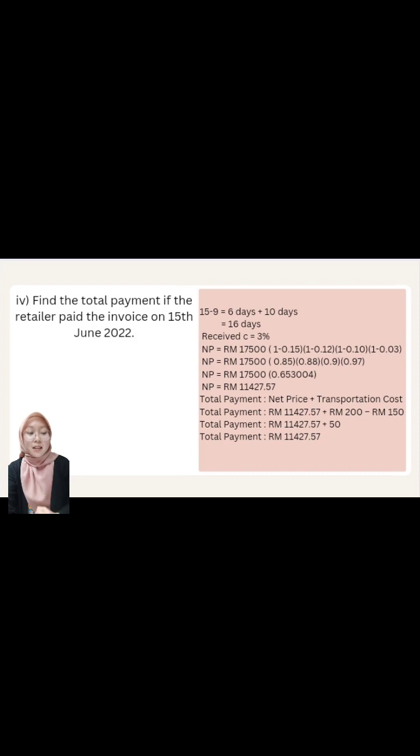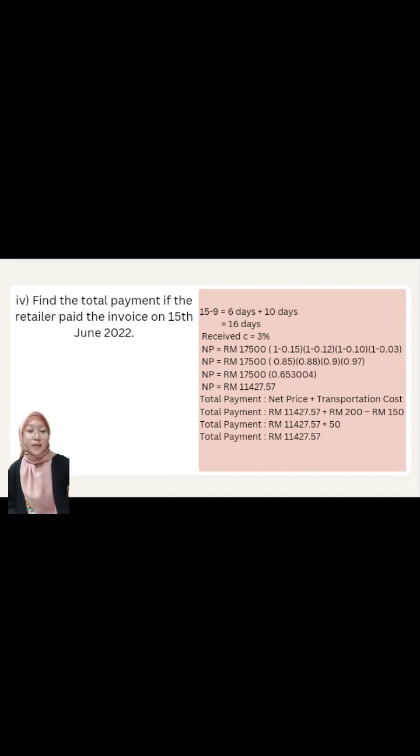Next, 17,500 ringgit (0.85)(0.88)(0.9)(0.97) will be 17,500 ringgit times 0.653004.